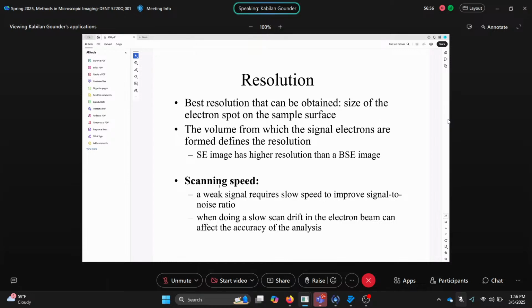So how quickly the beam goes, hits, and comes back is the most important thing. A weak signal, if the scan is too slow, is not good, and too fast is also not good. The optimal speed improves the signal to noise ratio. When doing a slow scan, drift in the electron beam can affect the accuracy of the analysis.